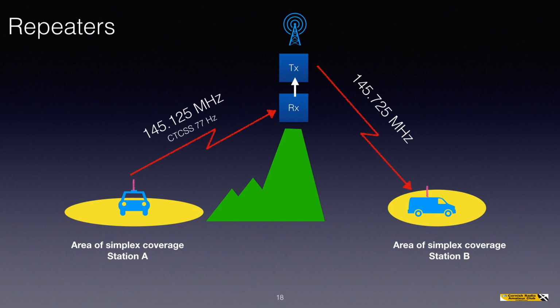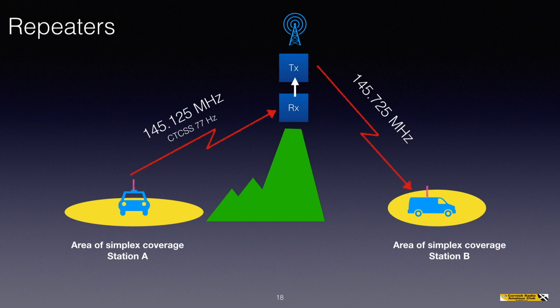Below that, I've written CT/CSS 77 Hz. This is a subaudible tone. Remember that 77 Hz is below the normal range of human hearing. But anyway, even if you have extraordinary ears and were able to hear that, it would be filtered out by the audio stages in your transceiver.